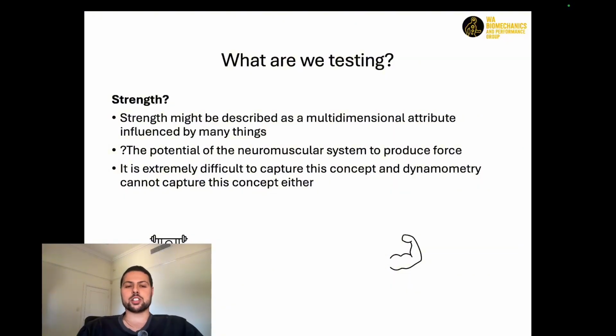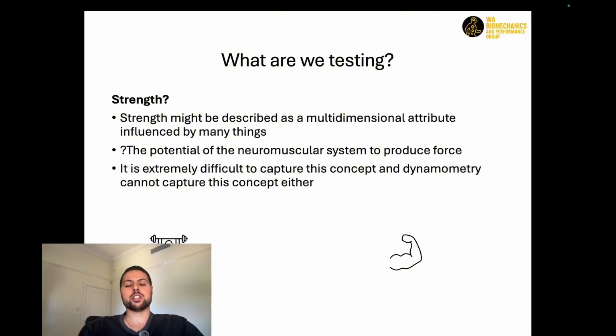How I might describe strength is a multi-dimensional attribute that's influenced by many things. I think about strength as the potential of the neuromuscular system to produce force, so the potential. And if we think about dynamometry, it's extremely difficult to capture this concept of potential of the neuromuscular system to produce force.